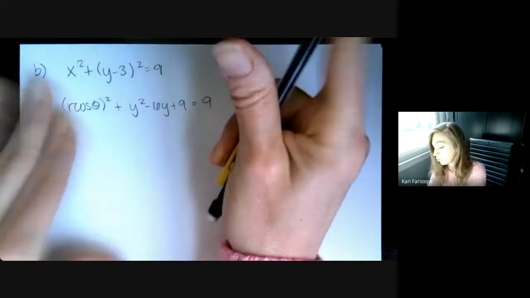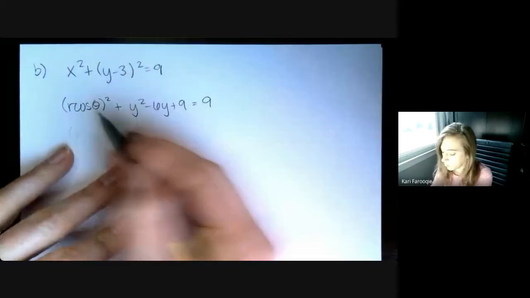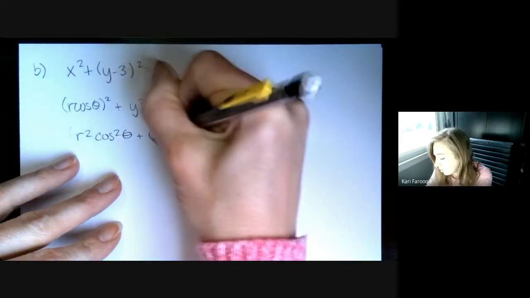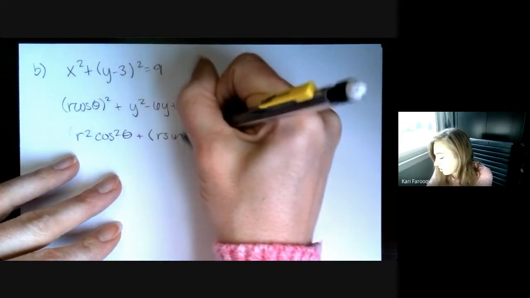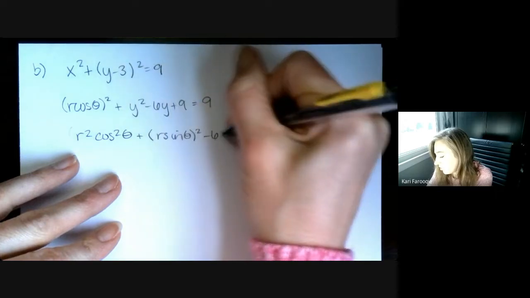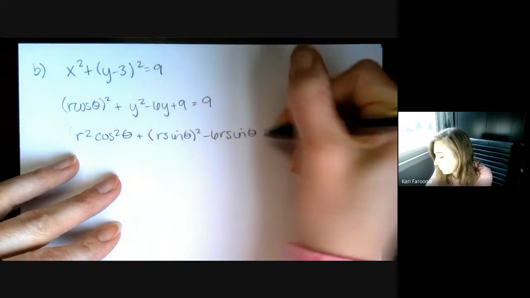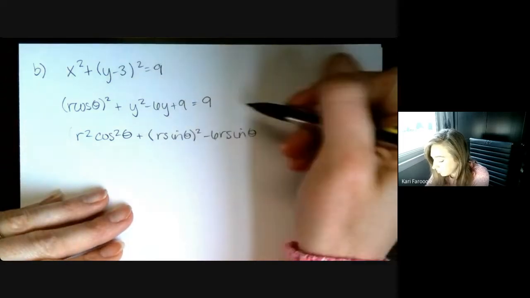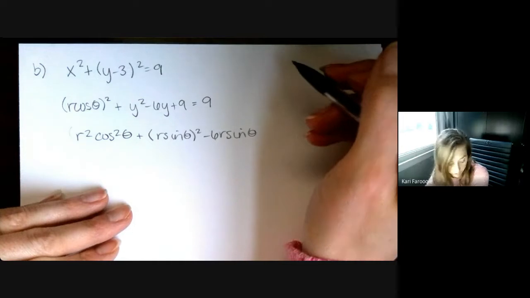I should just say, remember when you're taking a product to a power, you distribute the power to each factor. So we'll write this as r squared cosine squared theta. And then y squared is (r sine theta) squared minus 6r sine theta. And since you're going to be subtracting 9 from both sides, if you want to take 9 off both sides now, that's fine.